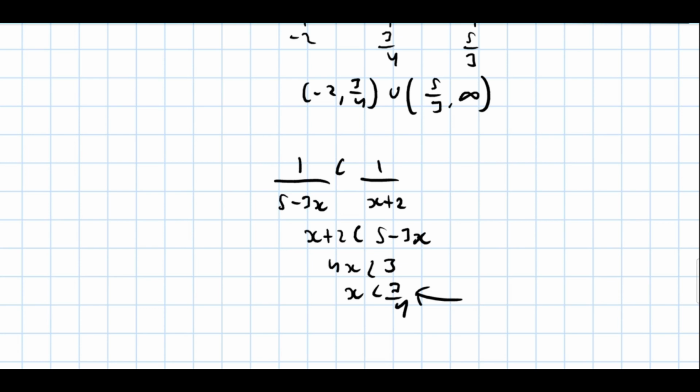So okay, based on the answer we have, x is less than 3/4. Let's say we take -5. Well, -5, it still satisfies the inequality. So x is -5. So what happens? Does it satisfy this inequality? So 1 divided by 5 minus 3 times 5, then we have 1 over x plus 2.